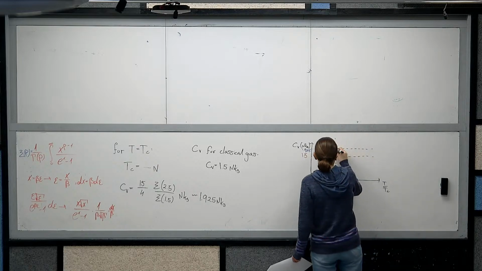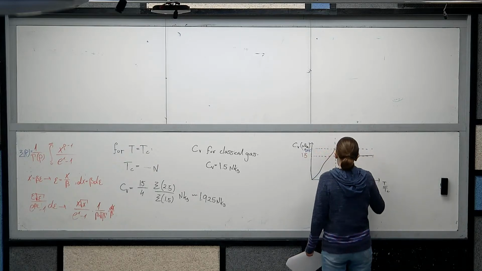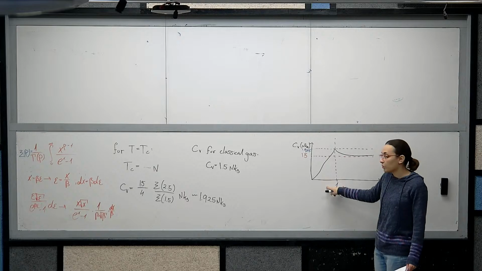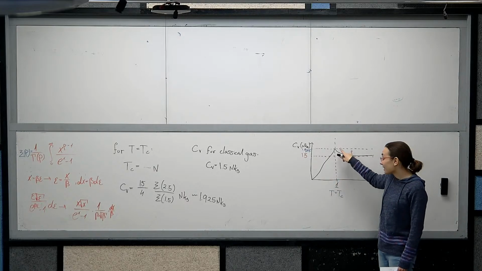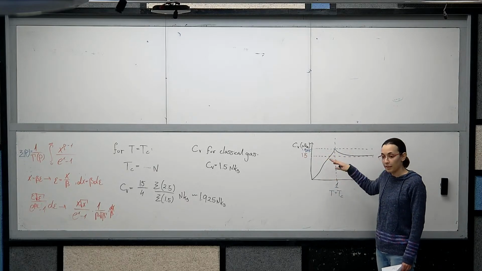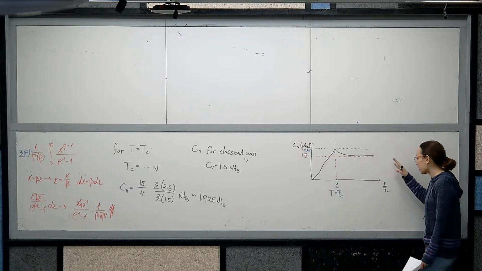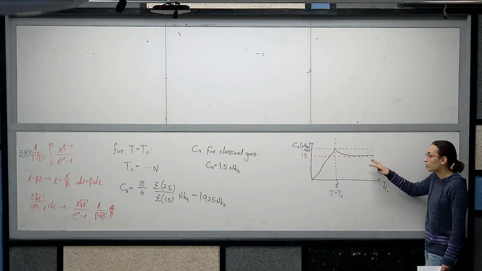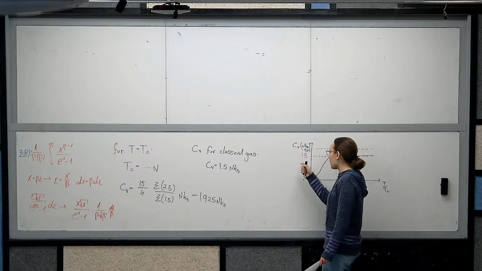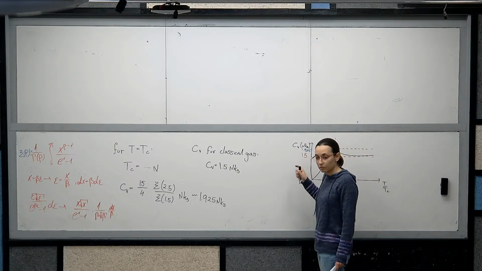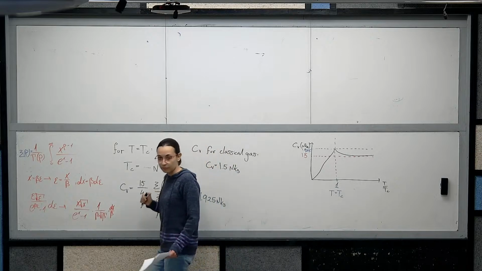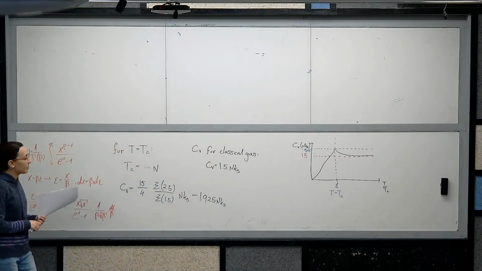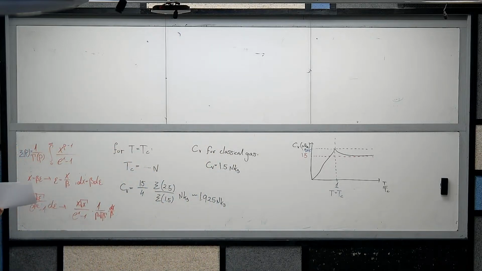So we'll get something like this. In the area of the critical temperature, the gas is still not perfectly classical, but as we increase the temperature, it will get more and more classical and closer to this value. And this will be the behavior of the heat capacity.